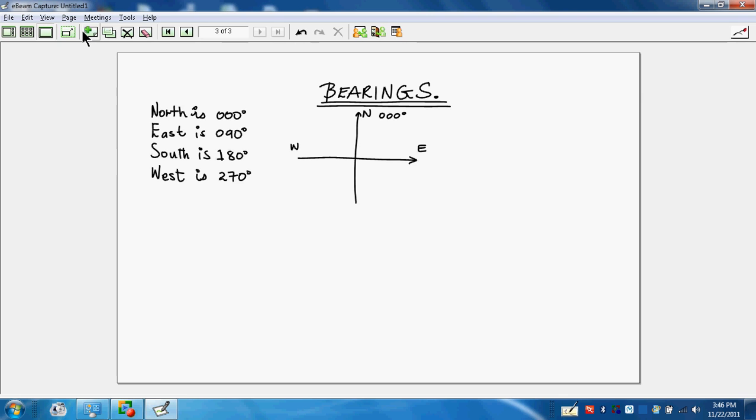So west will be left and east will be right. And right below north is south. So east will be 90 degrees, which is represented as 090 degrees. South will be represented as 180 degrees. And west, as we said, will be 270 degrees. So this is how we get it from the cardinal directions.